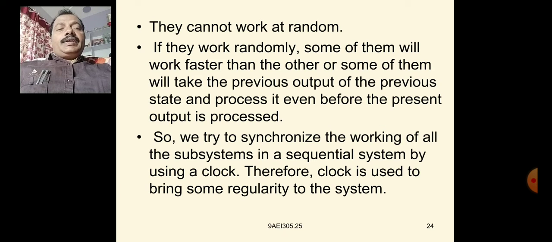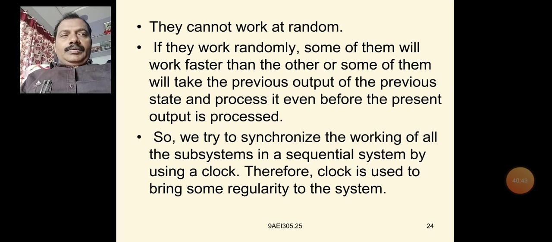They cannot work at random. The sequential circuit cannot work at random. It should work systematically. If they work randomly, some of them will work faster than the others, or some of them will take the previous output of the previous state and process it even before the present output is processed.